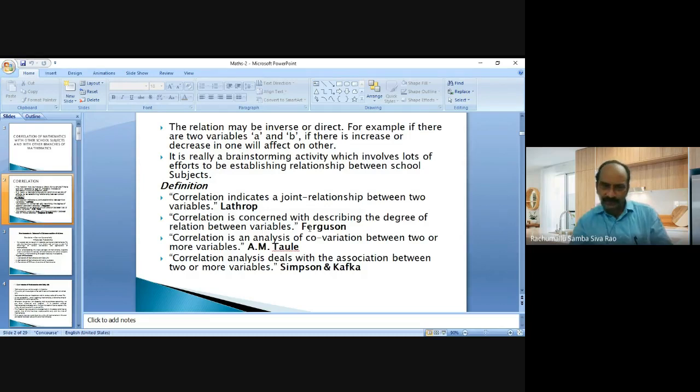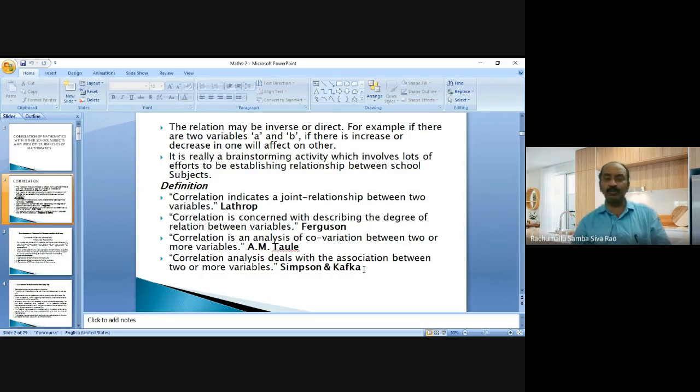Let us see one more definition. Correlation is an analysis of covariation between two or more variables. This was given by M. Tolle. Correlation analysis deals with the association between two or more variables. This definition was given by Simpson and Tafta.